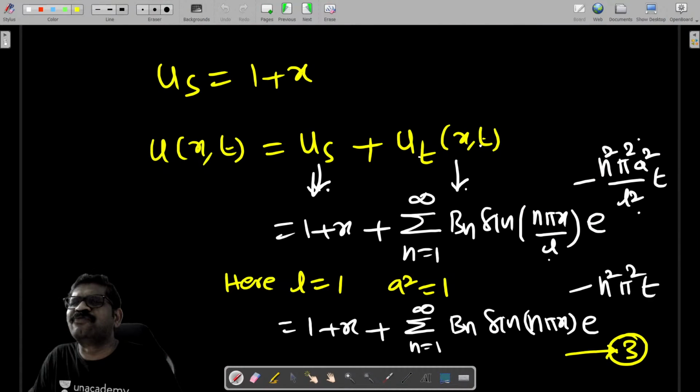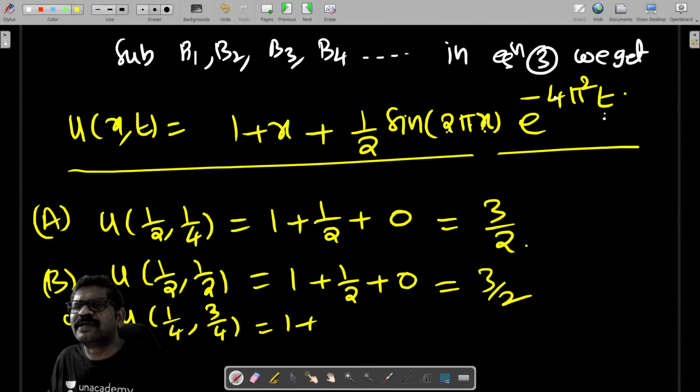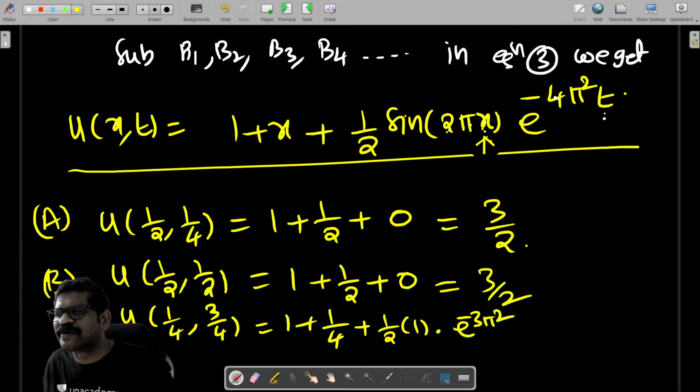Third option: 1 plus 1 by 4 plus, if you put 3 by 4, 1 by 4 in the place of x, 2 pi by 4, pi by 2 means 1. 1 by 2 into 1 into e power, t is 3 by 4, so 4 cancel, minus 3 pi square.